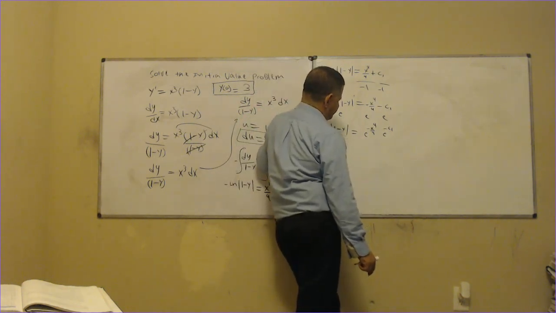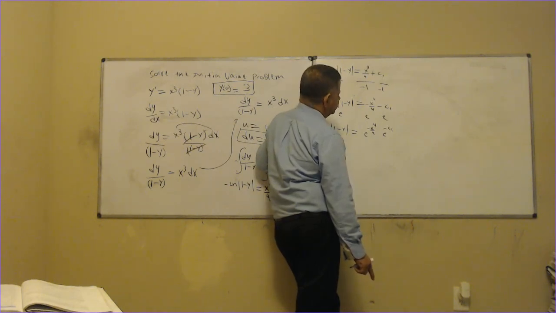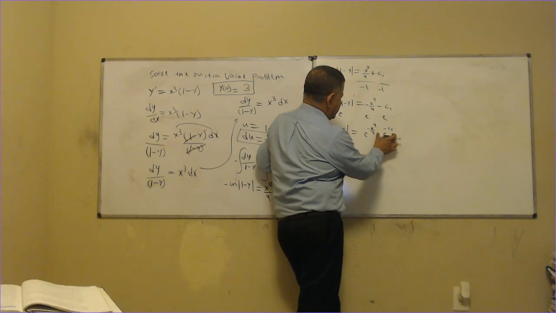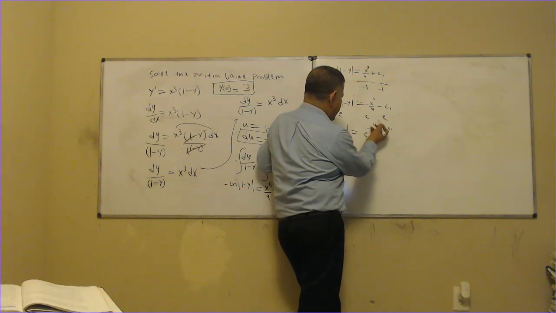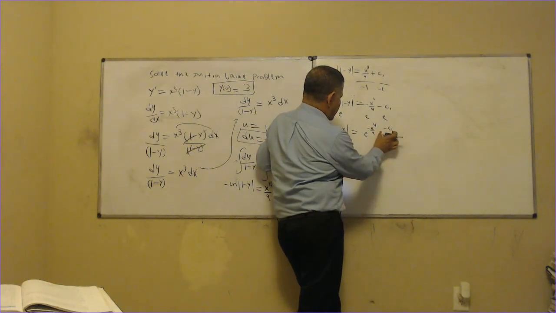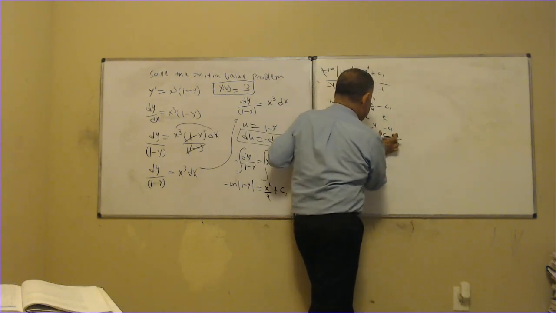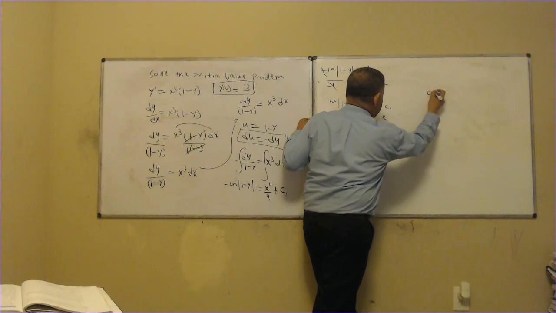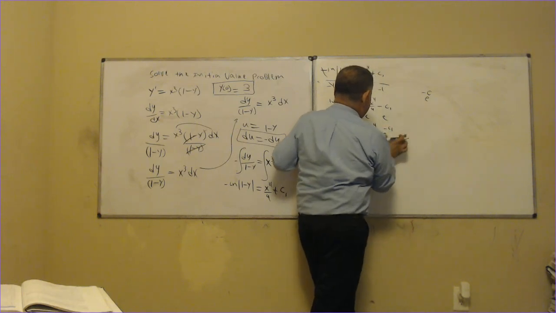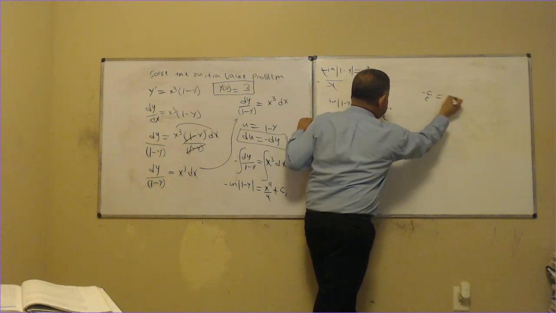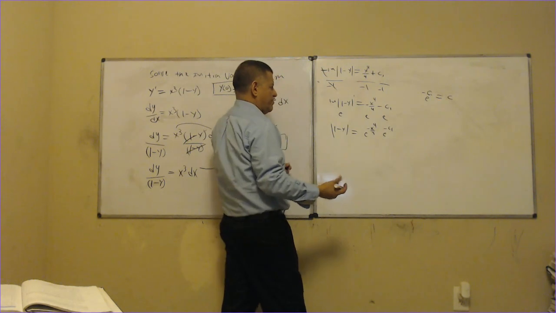Okay, so now, if we look at this, the C1 can come to the front, and it's e to the C1, but since this is a constant, we can call it C. Okay, so e to the C1, we call that C because it can be any constant number, right?